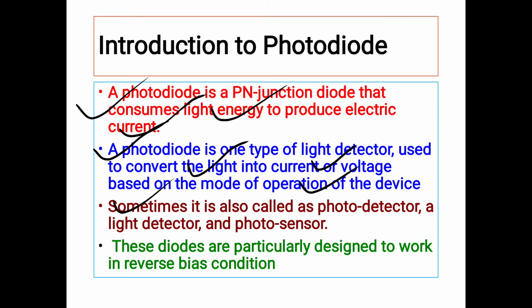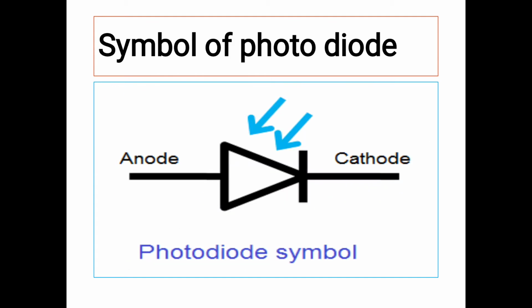Sometimes it is also called as photodetector or light detector, and we can say that photosensor. And these diodes are particularly designed to work in the reverse bias condition. So every photodiode is basically working in the reverse bias condition.